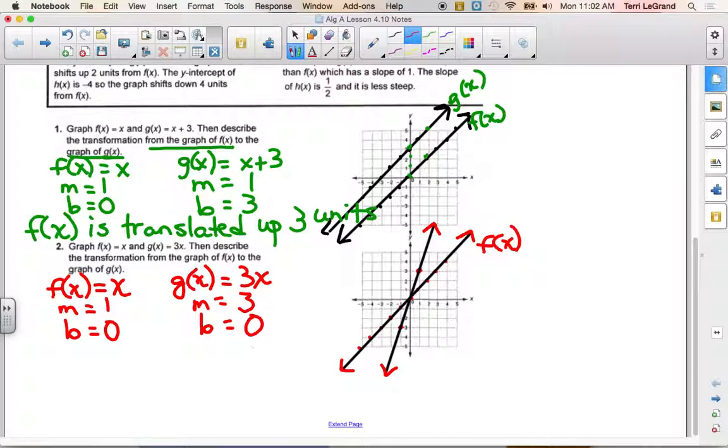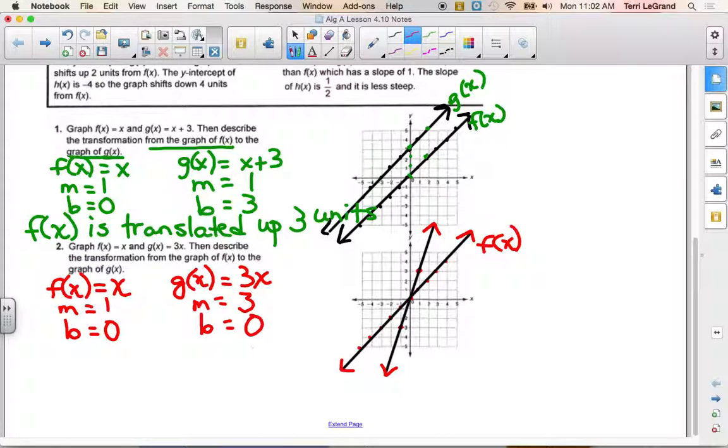Their slopes aren't the opposite of each other and they aren't reciprocals of each other. 1 and 3 are not opposites and reciprocals, are they? No. So it shouldn't have turned out perpendicular, but that doesn't matter, we're not working with perpendicular lines. We're saying, what does changing the slope do in this situation?